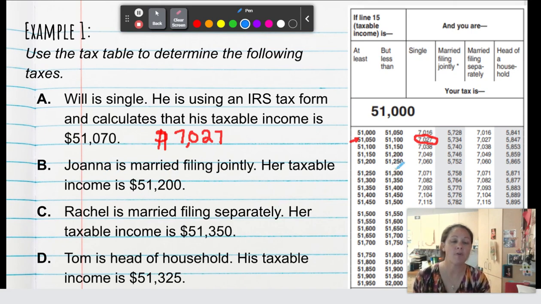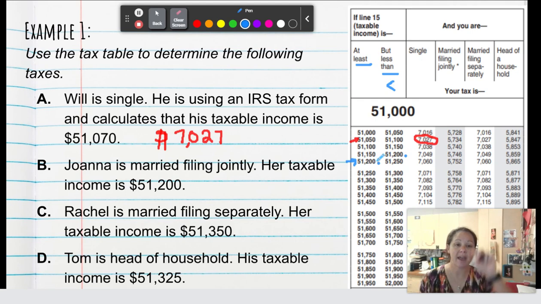Again, we'll go over to our columns here, our dollar amounts, and you'll see that dollar amount in two places. This is where the wording up here becomes very important: at least, but less than. Joanna makes $51,200. That is at least this amount, but less than. So this column up here, 51,200, would be less than that amount, not equal to.